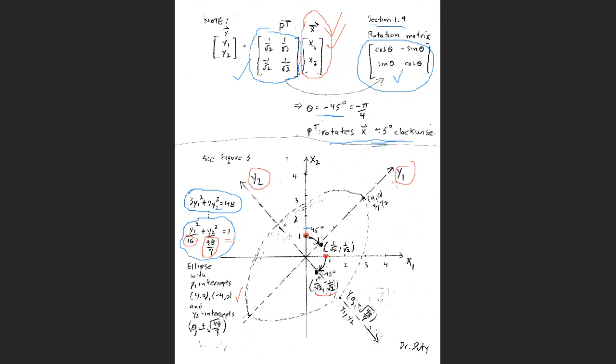And being there's a 48/7 under the y2 squared, the y2 intercepts are going to be 0 comma root 48 over 7 and 0 comma negative root 48 over 7. And root 48 over 7, by the way, is approximately 2.6.